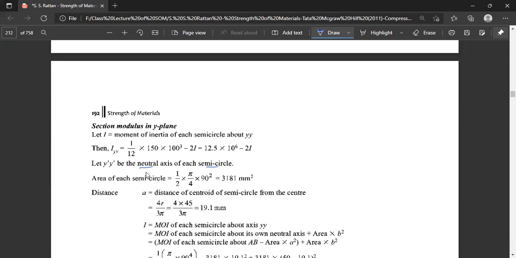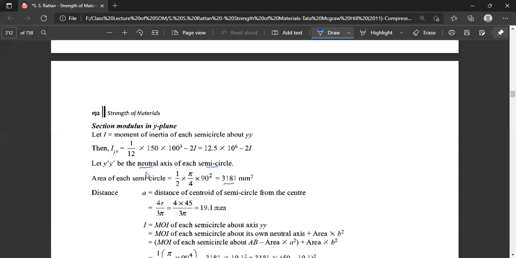So the area of each: pi by 4 d square, where 45 is the radius so 90 is the diameter, and half of it is the area of each of them. Because it's a semicircle, not a circle, the area of each semicircle becomes 3181 millimeter square.